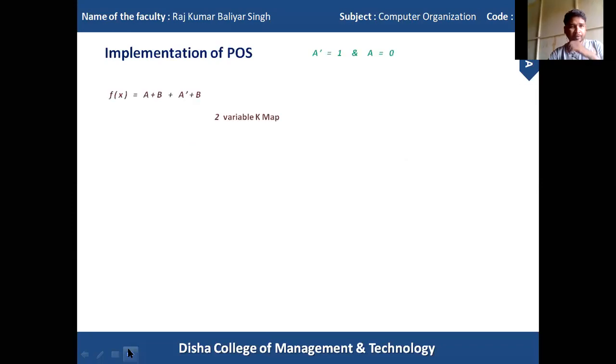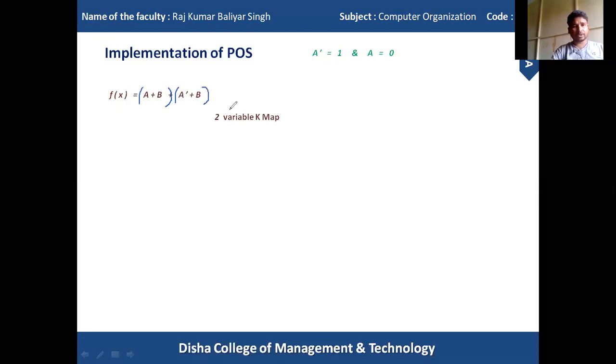Let's see a function that is a plus b. Actually, this function is written wrongly. It should be (a plus b) and (a naught plus b).